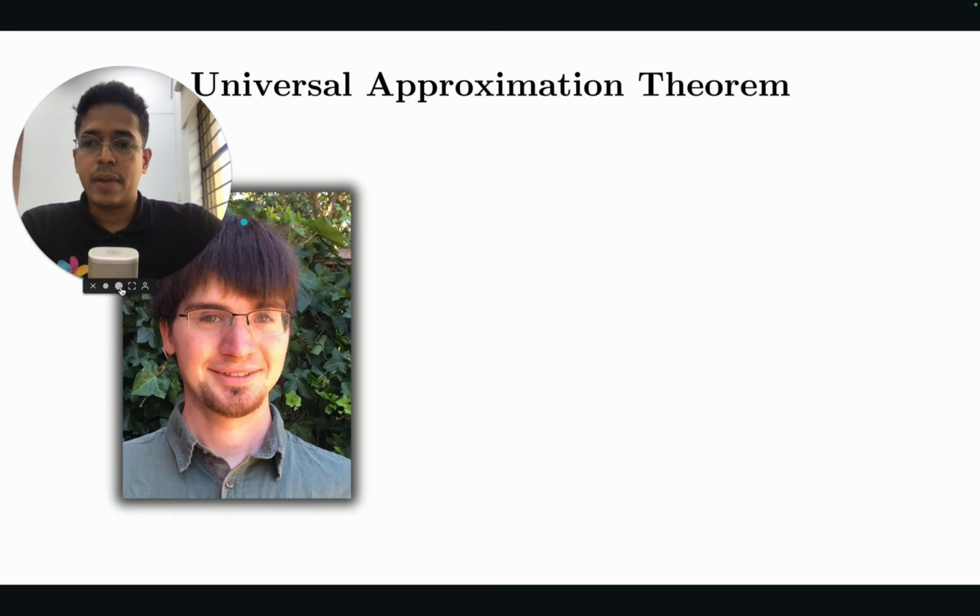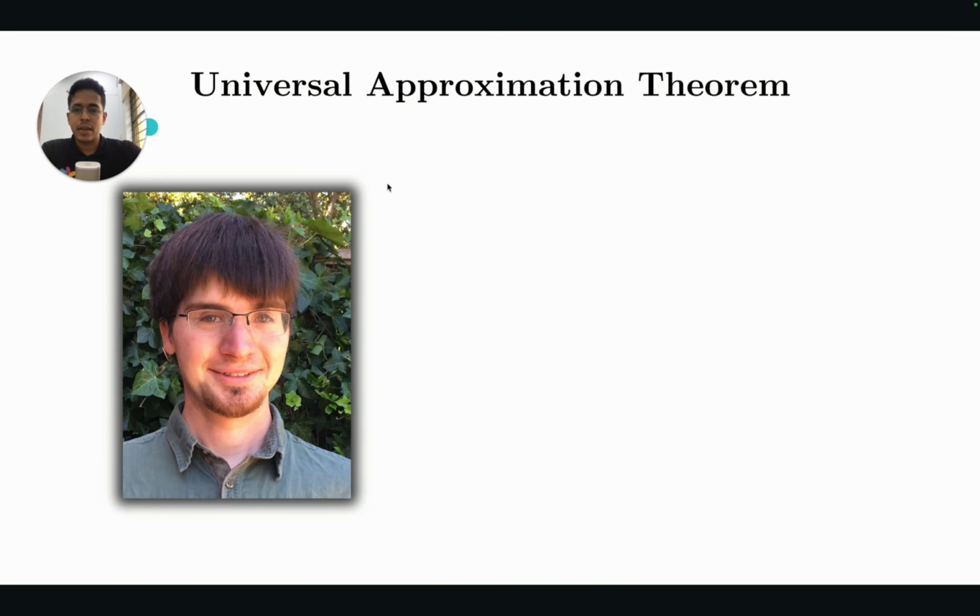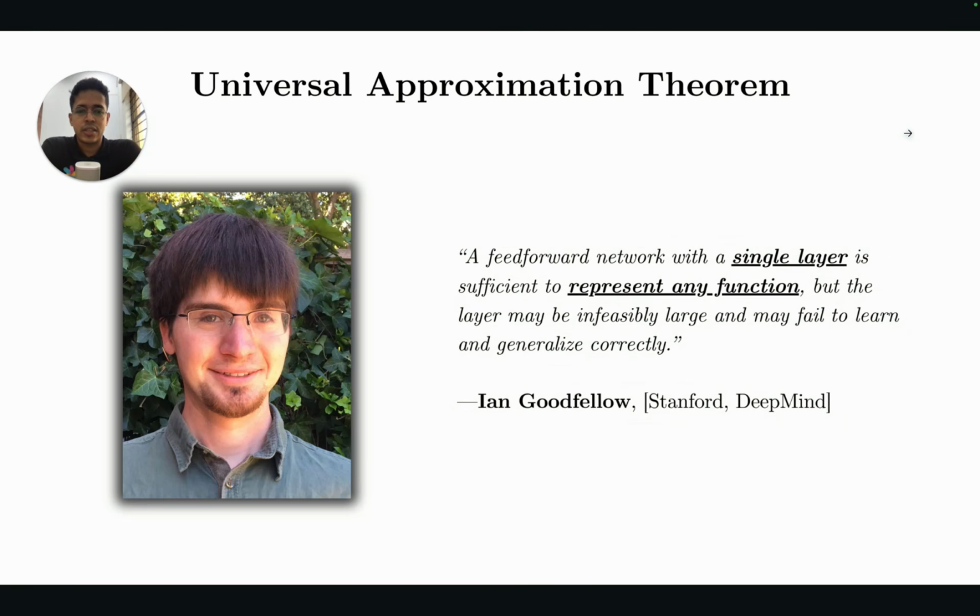So, Universal Approximation Theorem has been stated by many people, and this is Ian J. Goodfellow. He was formerly at Stanford and DeepMind, and he is a very big name in the machine learning community. And he also has stated that a feed-forward neural network with a single layer is sufficient to represent any function. And by any function here, it largely means continuous functions.